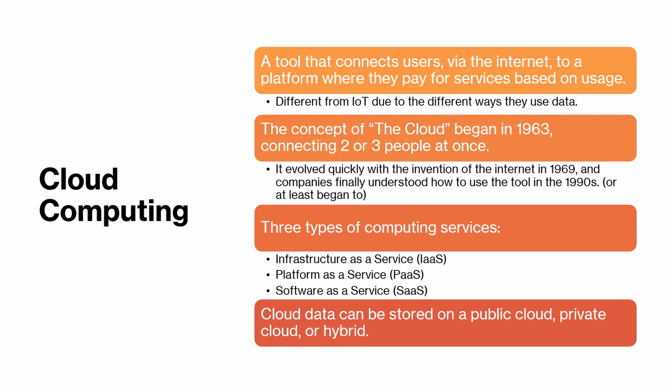You can either store it publicly, where the data is public knowledge, anyone can access it, as well as you can access their data if you're storing it on the same public server, or privately on your own server. Some companies even have their own servers in their physical basements, like on premises. But other companies typically like to use some sort of hybrid where they show you what they want you to see, but kind of hide what they don't want you to see, which, as you can tell, is probably the smarter move.